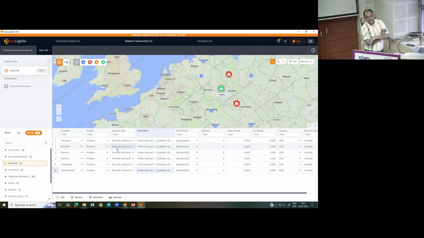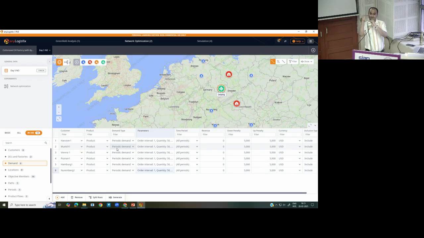So what is the demand of each customer? 50 products daily. So if the distribution center provides that exact quantity, that's fine. This is a demand constraint, guys. If suppose the distribution center delivers a lower number of products than the demand, then down penalty will apply.